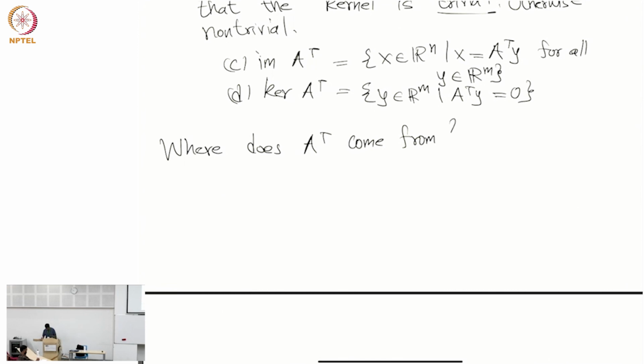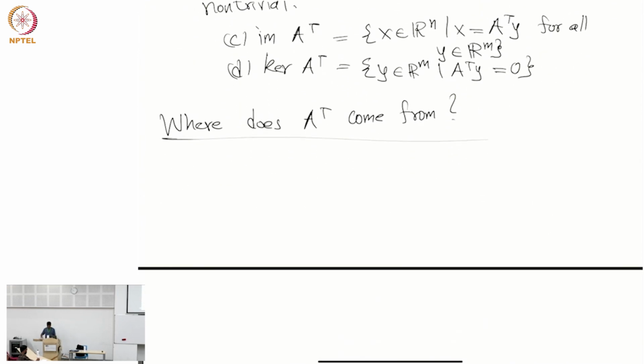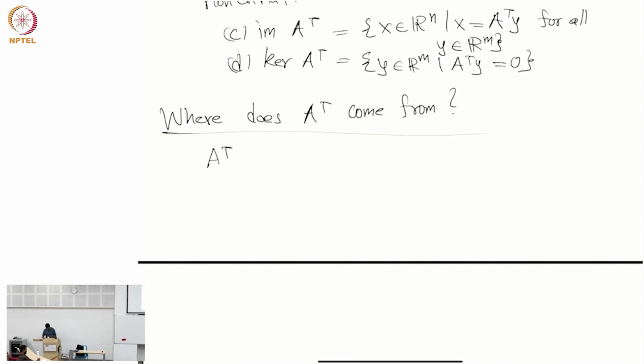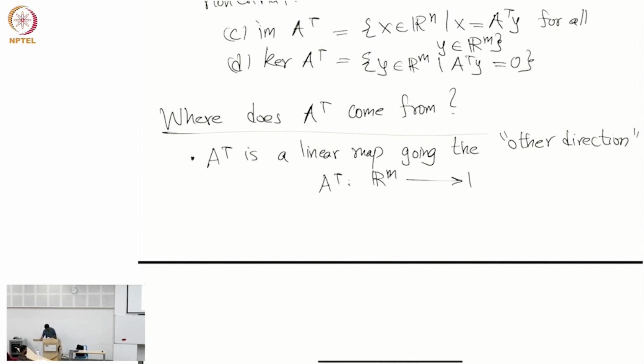Where does this linear map come from, which is going to be a linear map from Rm to Rn? A transpose is a linear map going the other direction. So it's from Rm to Rn, because my A is from Rn to Rm.